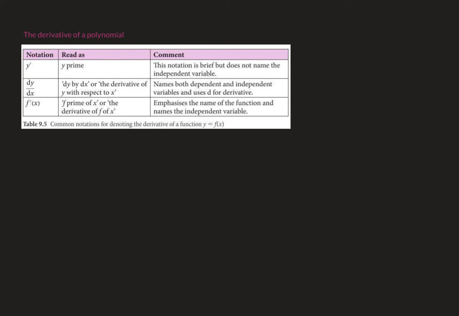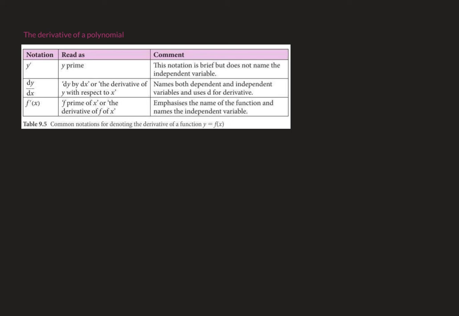And we also had y dash or y prime. This notation is brief. It doesn't name the independent variable, so we need to be aware of who the change is being measured against. So all the change is being measured with respect to x.